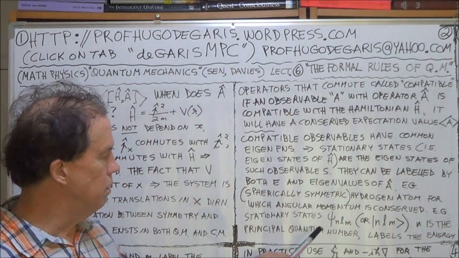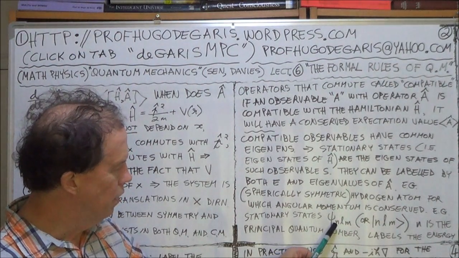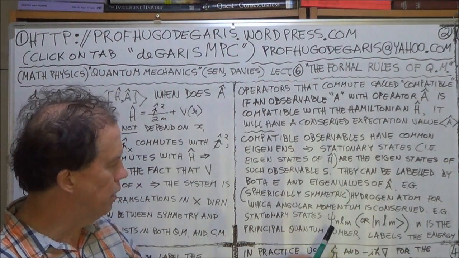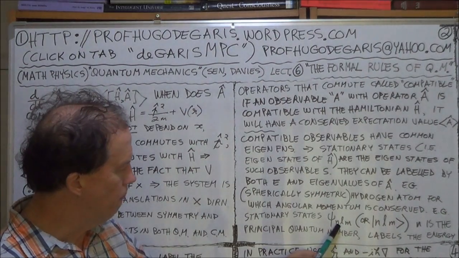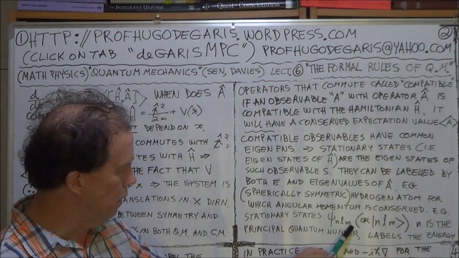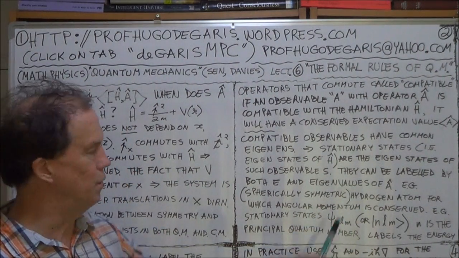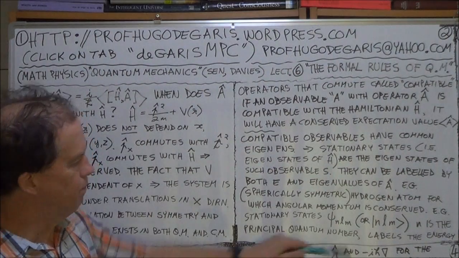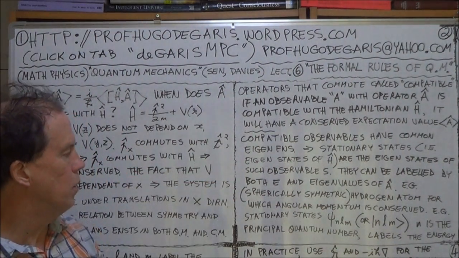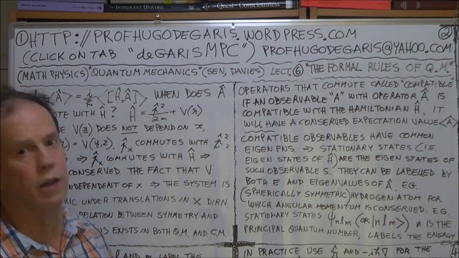Then you can write the common eigenstates in terms of the eigenvalues of the two observables. In this case, that would be like energy, and in this case, angular momenta. I'm probably just confusing you. This will become clearer once we've done chapter 7, chapter 8. Okay, I'll stop there.